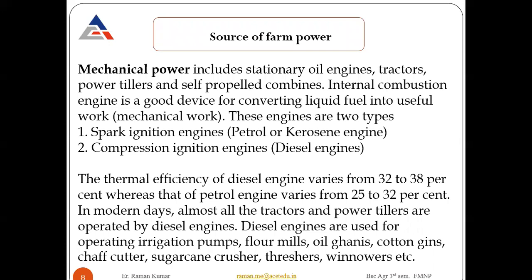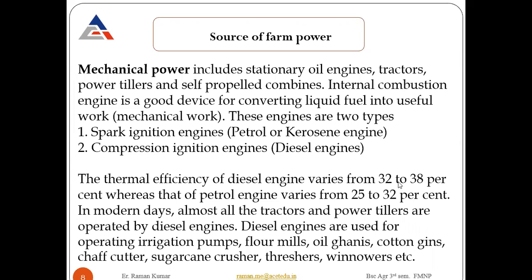The thermal efficiency of a diesel engine varies from 32 to 38%. This means diesel has more thermal efficiency compared to the petrol engine, whose thermal efficiency varies from 25 to 32%.